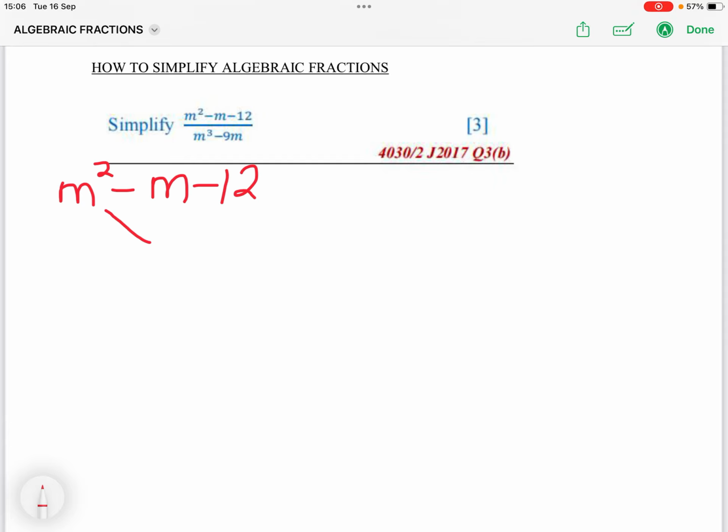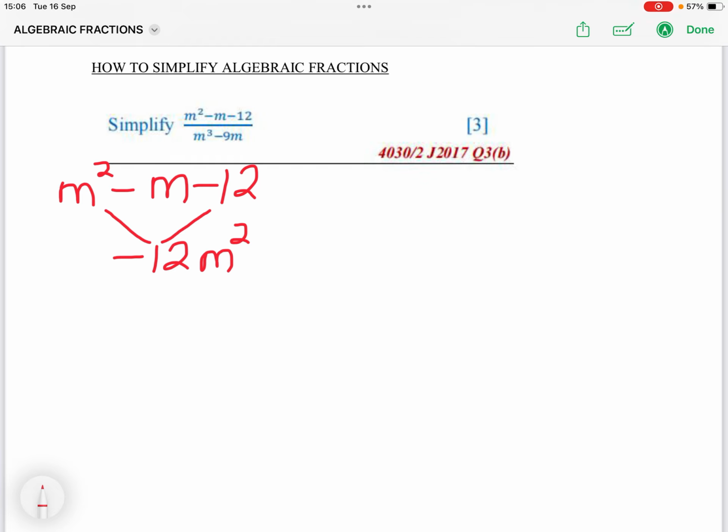So we multiply m squared times minus 12 in order to get minus 12m squared. And then we need to look for two factors of minus 12m squared, which when we add, we get minus m.